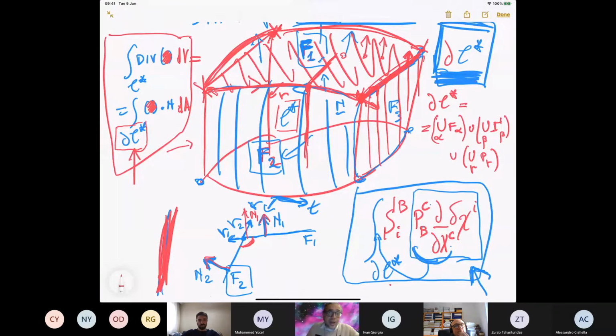Then you have nu1 and nu2, the outer pointing tangent normal vectors to the edge. So this geometry is not simple, but it can be understood by anybody who studied some Euclidean geometry.